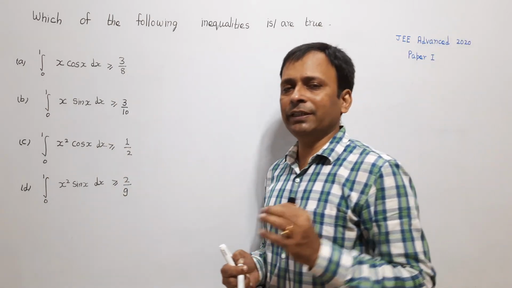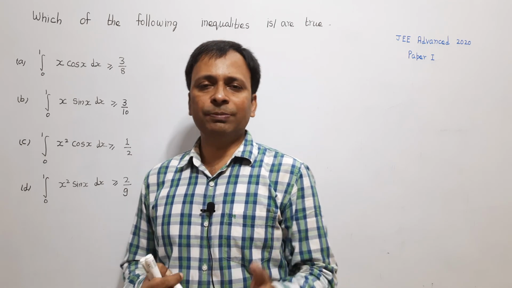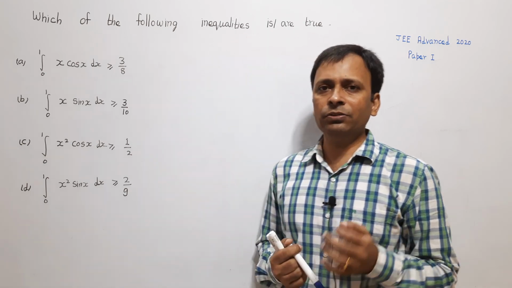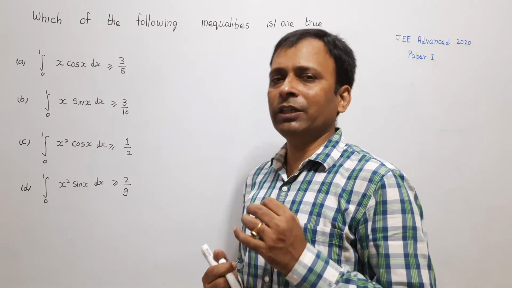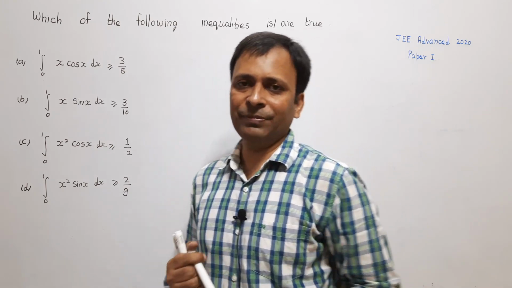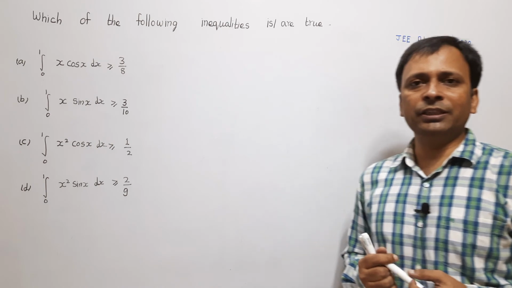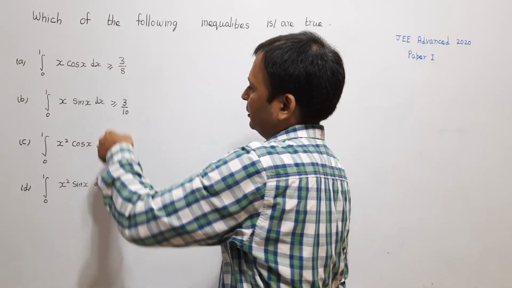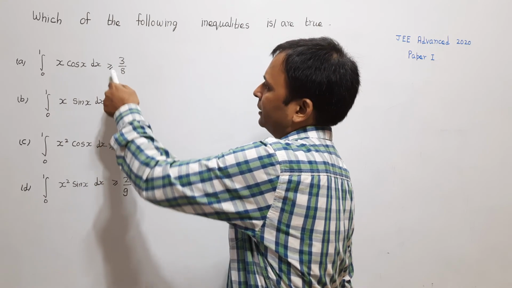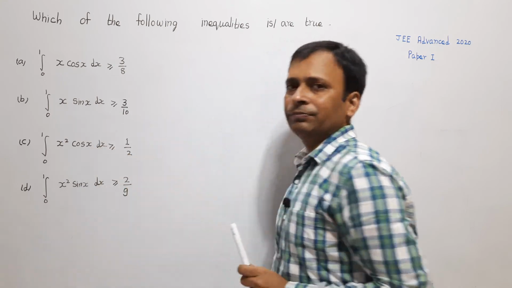So a better way to solve this question is to make use of the estimation of definite integral, in which we create a function. Which function we create will depend upon the inequalities. In all four inequalities there is a greater than or equal to symbol.